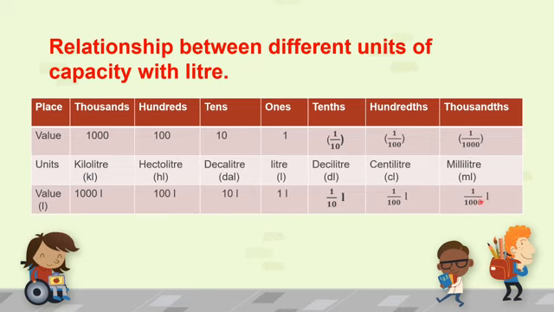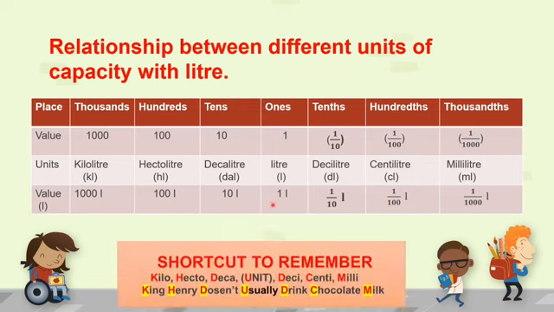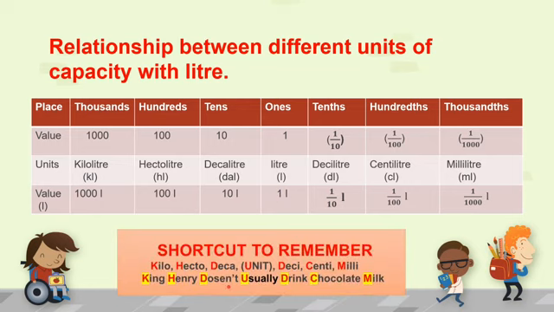And to remember this in order, there's a shortcut, and that shortcut will be: King Henry doesn't usually drink chocolate milk. If you remember this, you will always remember the prefixes in order, where King K says kilo, Henry H says hecto, doesn't D says deca.